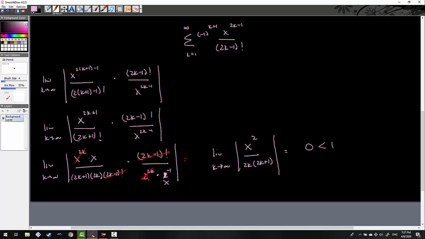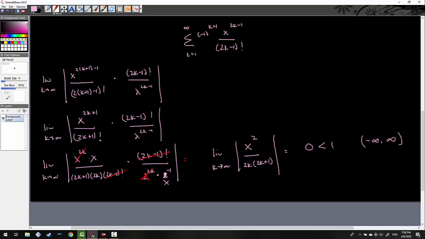So, unlike the example in the last video where we had to test endpoints, because this one didn't give me an x as a remaining anything, we can conclude that this polynomial will converge on negative infinity to infinity. That is its interval of convergence.